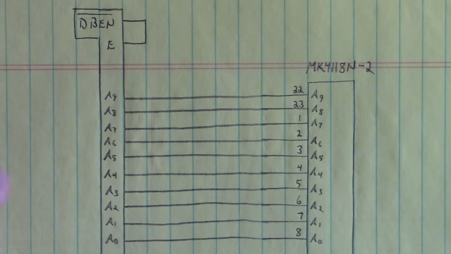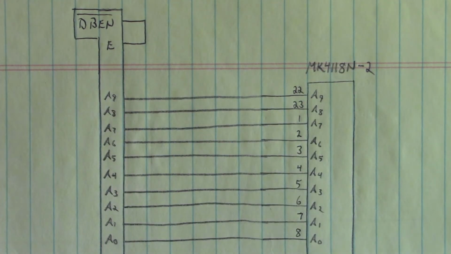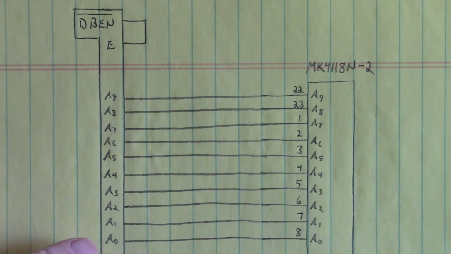Now here, this is the connections of the trainer. Here's the connections with jumper wire to the SRAM. Address 0 through 9 on the trainer are connected to address 0 through 9 on the SRAM.